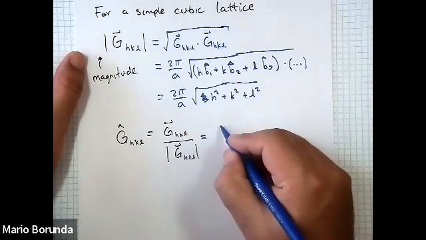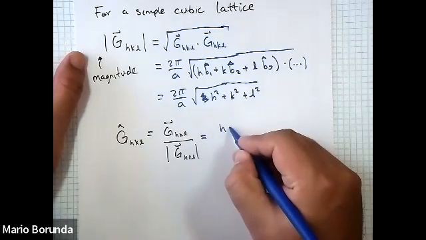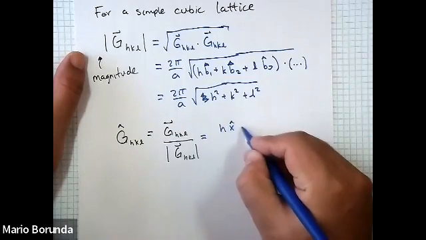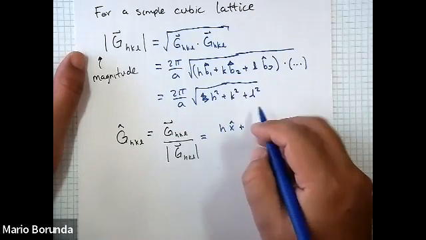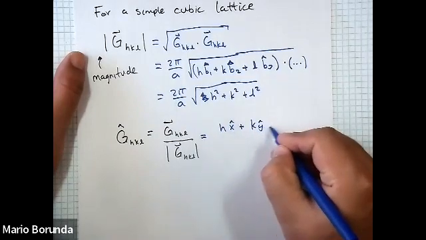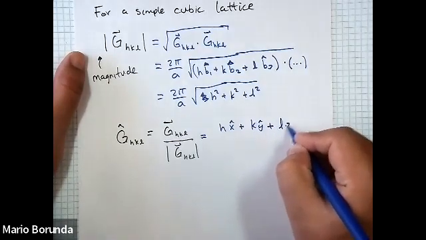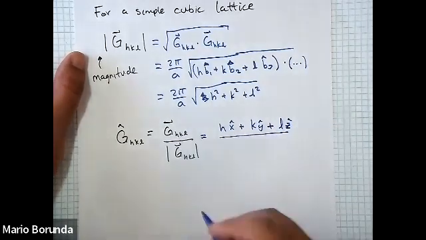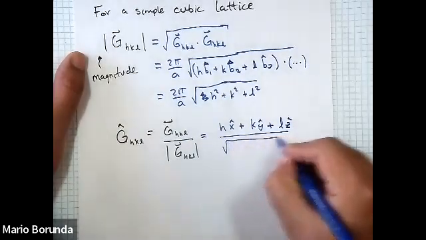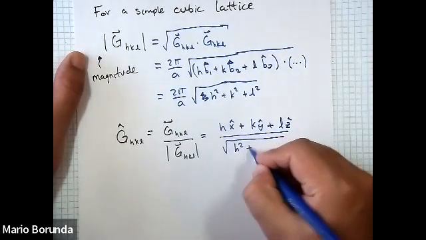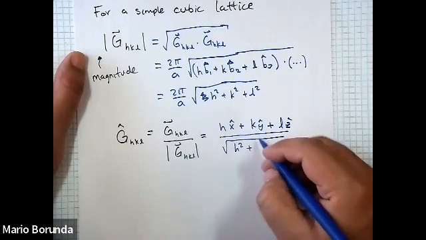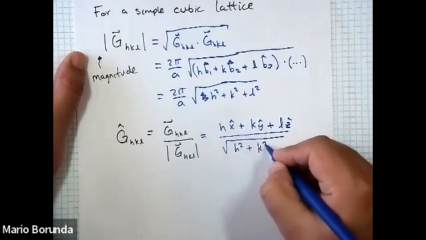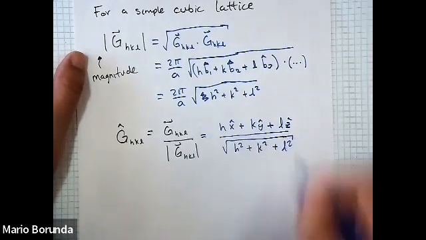And what we get is that there's a vector h x hat plus k y hat plus l z hat divided by the square root of h squared plus k squared plus l squared.